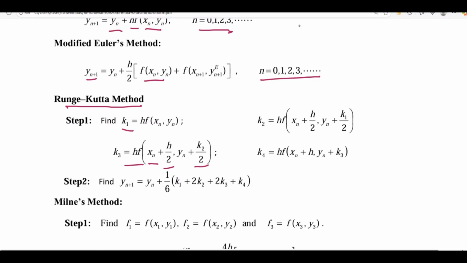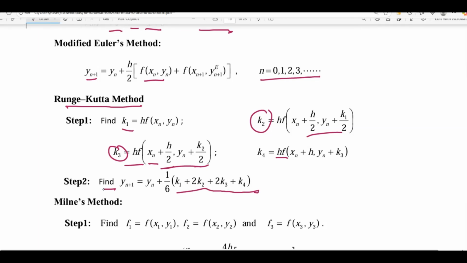Then k4 will be h f of xn plus h comma yn plus k3. So here, for k2 and k3, it will be divided by 2; for k1 and k4, it will not be divided by 2. Then you find yn plus 1 equals yn plus 1 by 6 into k1 plus 2 k2 plus 2 k3 plus k4.